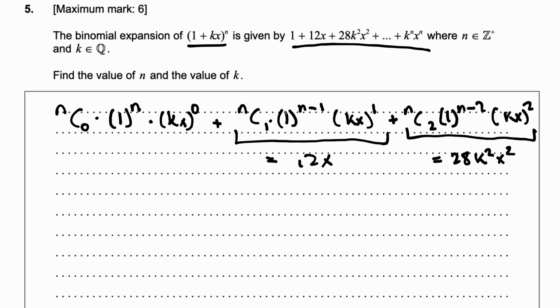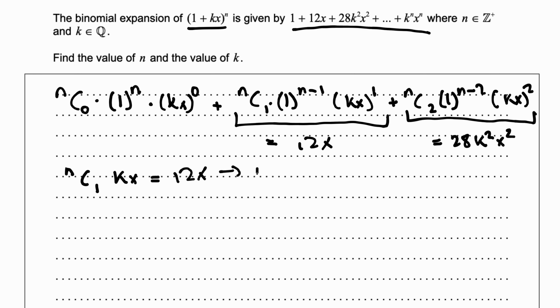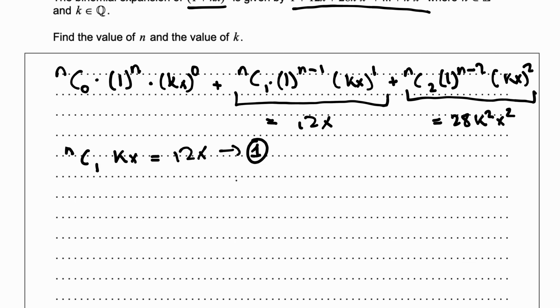Okay, so let's do this first part. n choose 1 to the power of anything is just a 1, so we don't need to include that. n choose 1 of kx is equal to 12x. Now that's our first equation to deal with. How do we solve this? Well, we know n choose 1, or anything choose 1, is always itself.